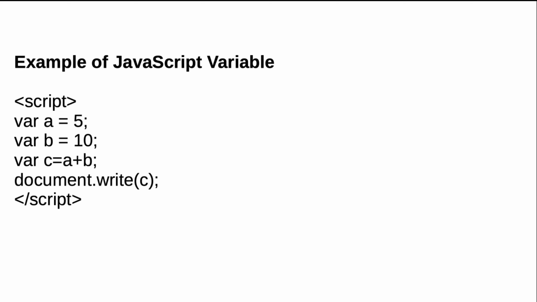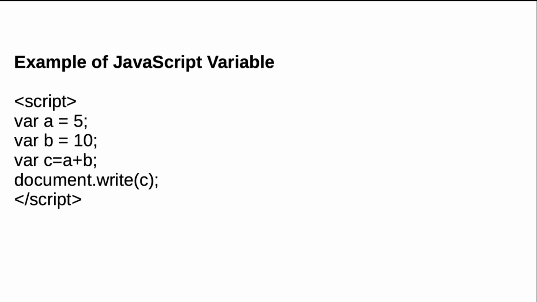Next we take the var keyword, then b is the variable name, equal is the assignment operator, and 10 is the value. Next we apply the operation a plus b goes to c. So we print this c value with document dot write, and the variable name is c.